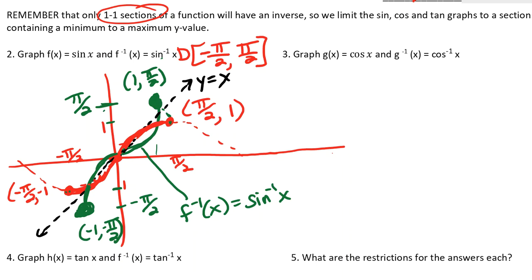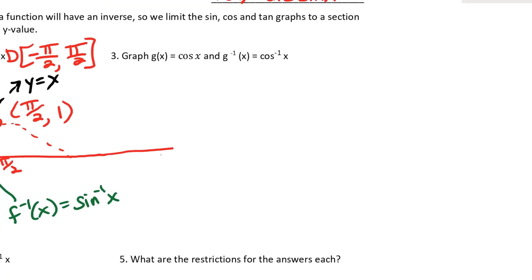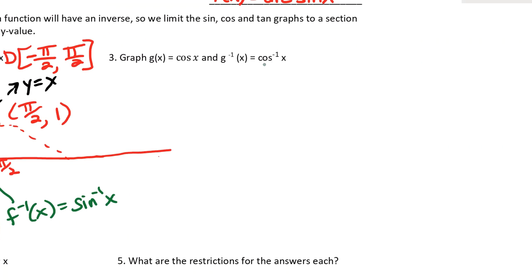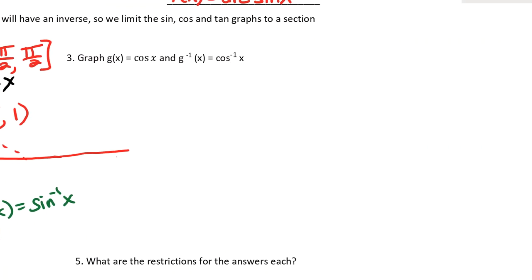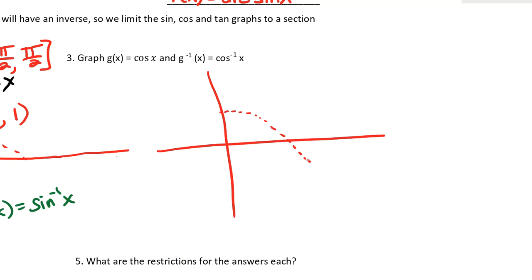All right, let's try the same thing for arc cosine or inverse cosine. So let me first remind you of what our cosine wave looked like. Remember that at 0, our cosine started at its maximum value of 1. So it went backwards this way.